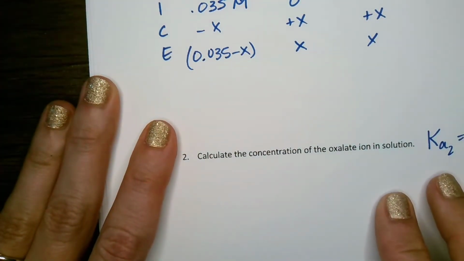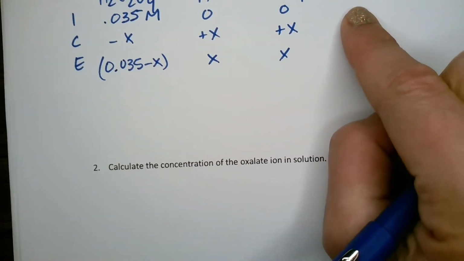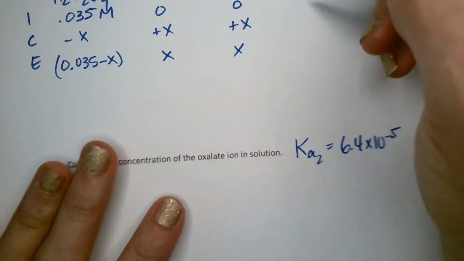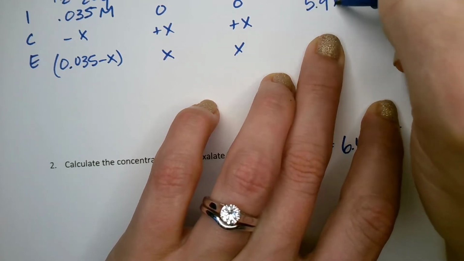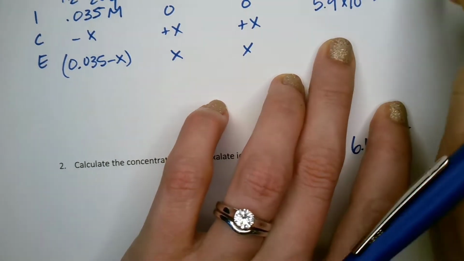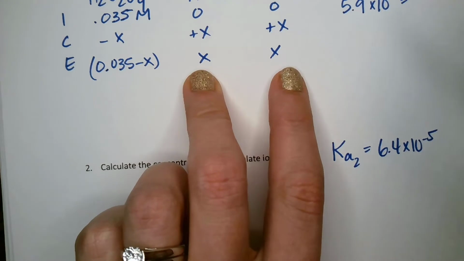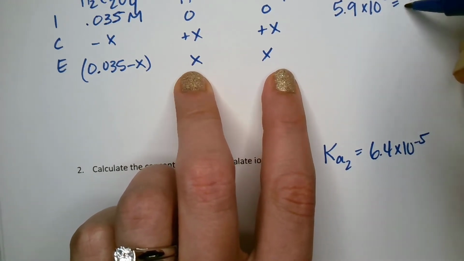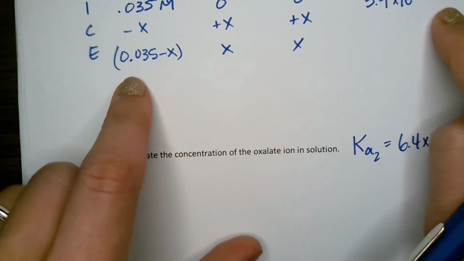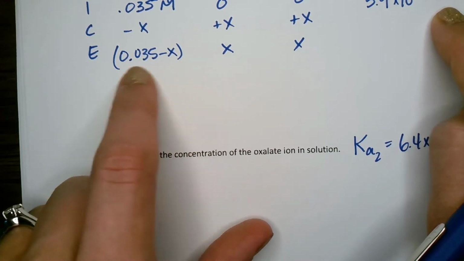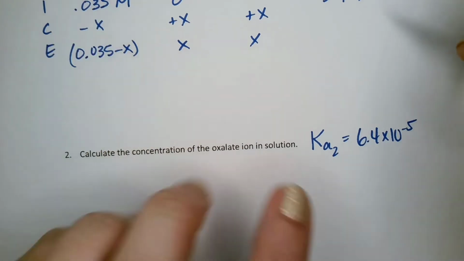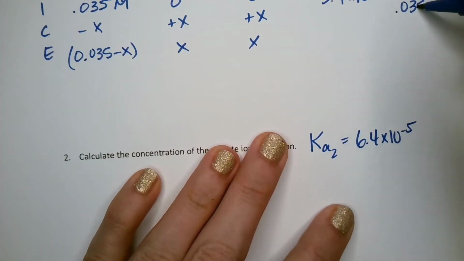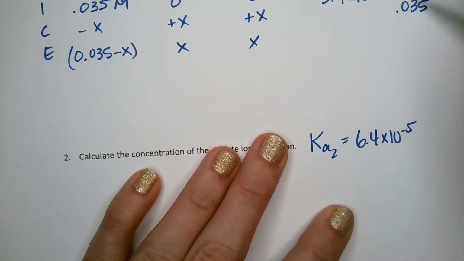All right, now let's plug into our equilibrium constant expression. So we have our Ka, which is 5.9 times 10 to the negative 2, is equal to our products, x times x, so I'm just going to write x squared, over our, now remember, we're going to try the 5% rule, so I'm just going to put it over that 0.035 here to see if we need to use the quadratic formula or not.